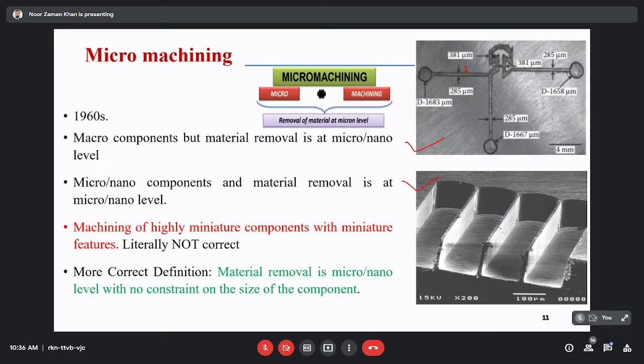If you see figure number 2, this is the scale. The white one, this scale is for 100 micrometer. If you compare this scale with the width of this wall, any idea? Anybody? How much width would it be? If you compare with this scale, this is 100 micrometer.